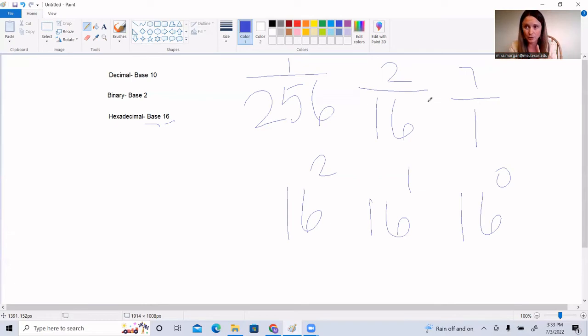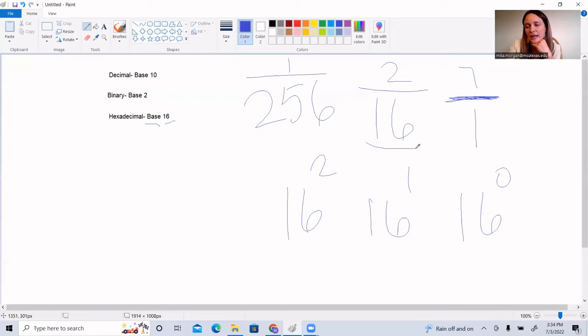But in hexadecimal, 10, 11, 12, 13, 14, and 15 all belong right here, right? I don't regroup and go up to the next place value until I get to 16. So I have this issue of, how do I represent an 11? How do I represent a 14 as one single digit?